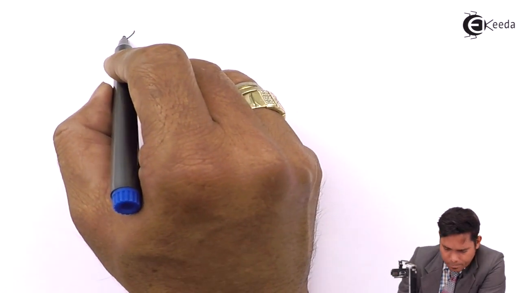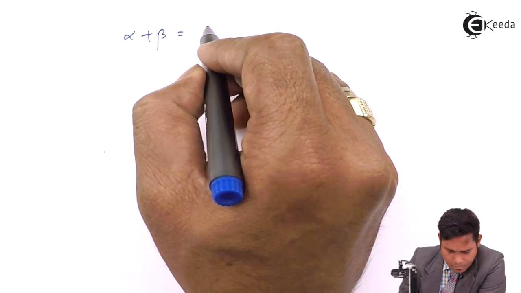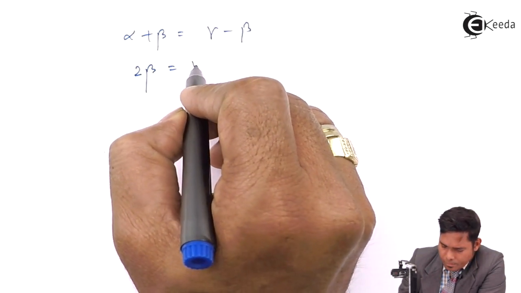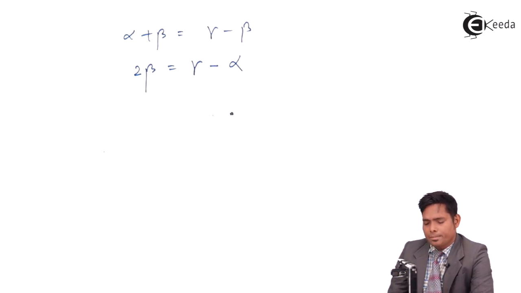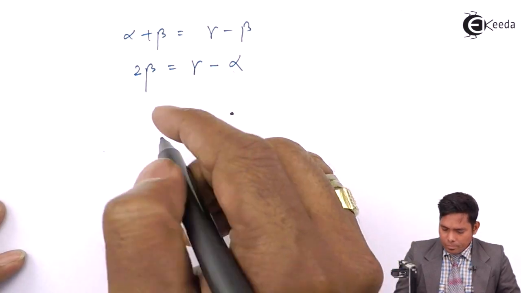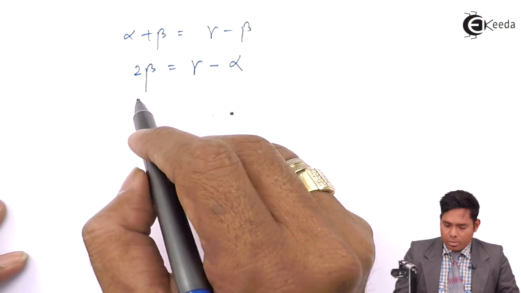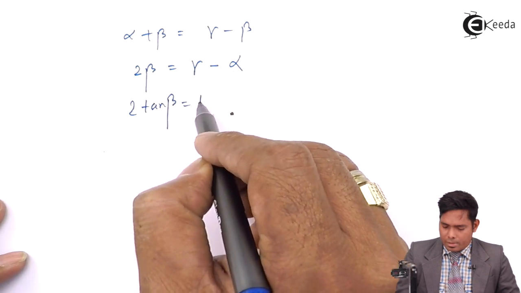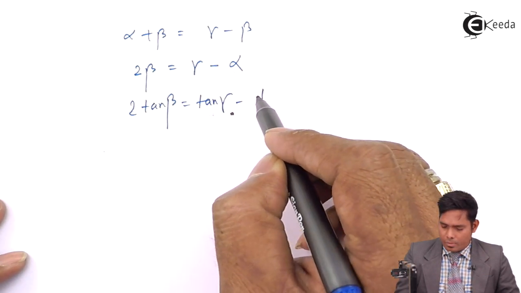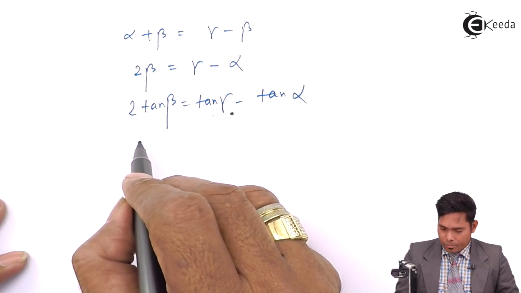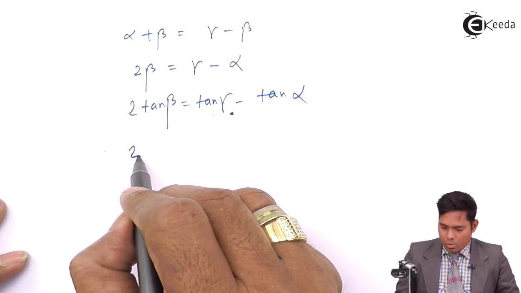So we get, from here, 2 tan beta equals tan gamma minus tan alpha.